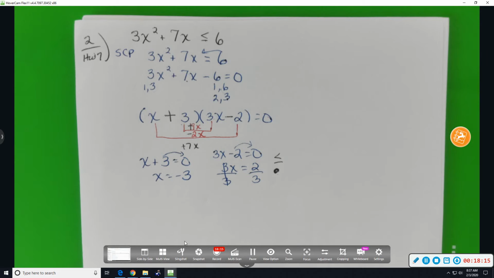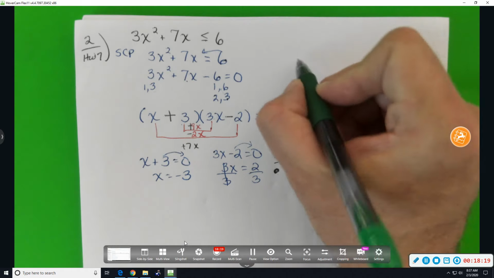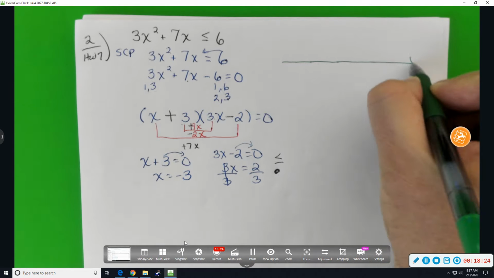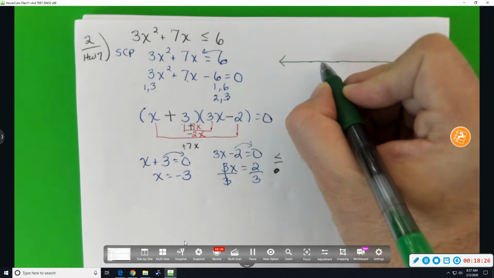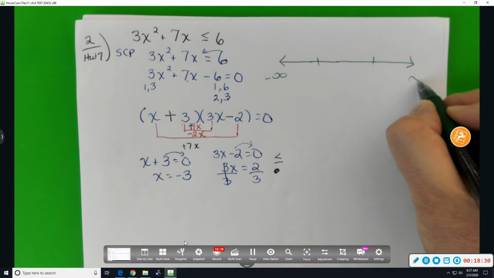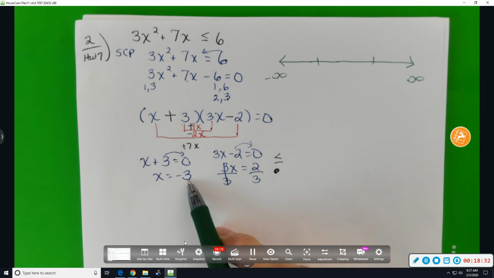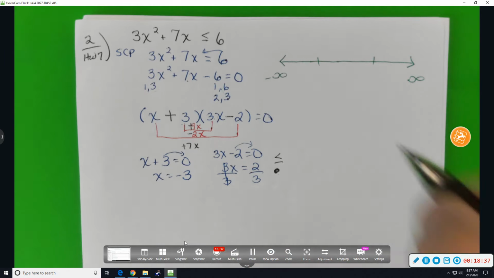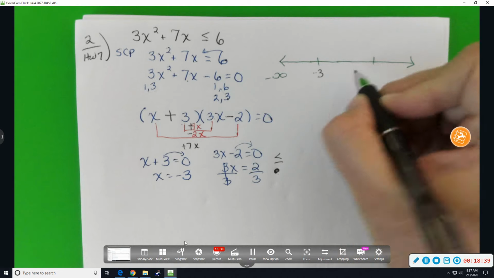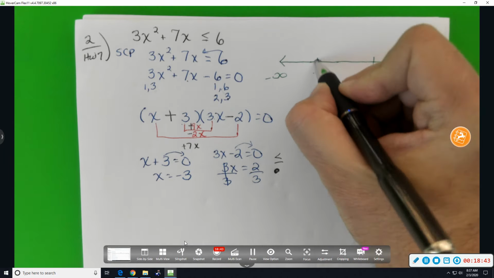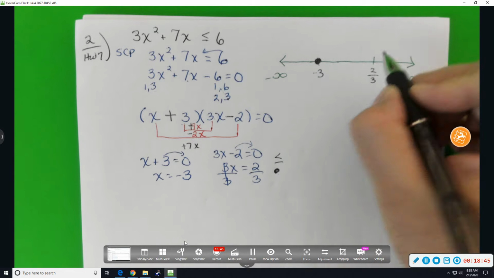There's no denominator cut point. How do I know that? Well, there's no denominators. So I think I'll do it right up here so I don't wind up cutting stuff off. Draw my number line. Have to plot a negative 3 and a positive 2/3, with closed circles.